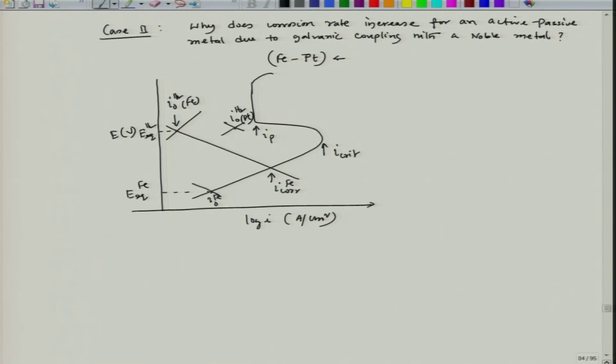The same is true here. Here also, if these two particular points are lying wide apart, then we may not need to add these two current densities, because the mixed potential theory says that the total rate of cathodic reaction should be equal to the total rate of anodic reaction at a mixed potential. But here, since these two current densities are wide apart and it is on a log scale, that addition would be very negligibly felt.